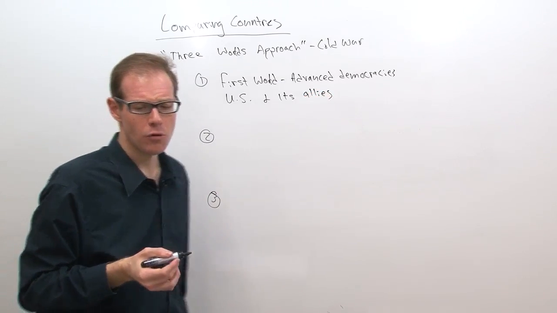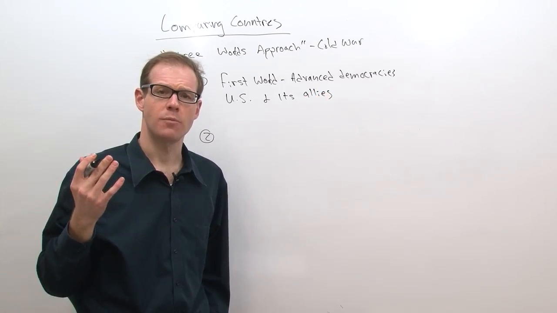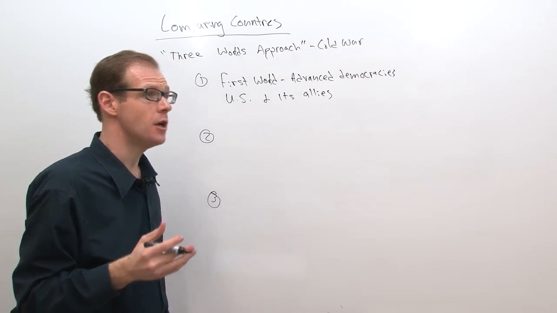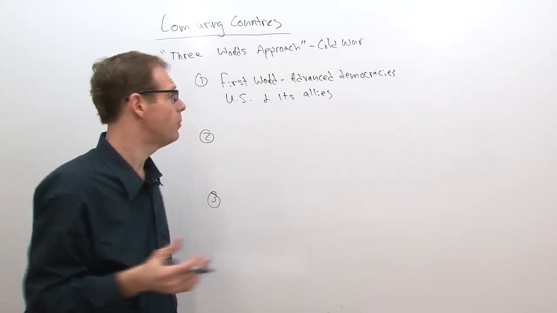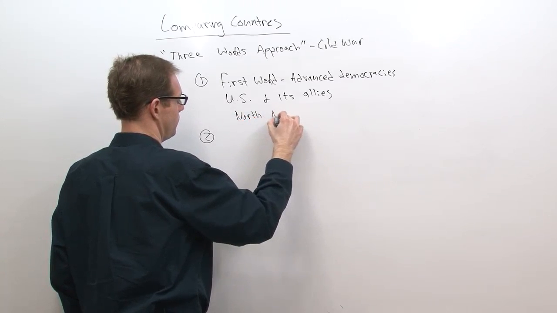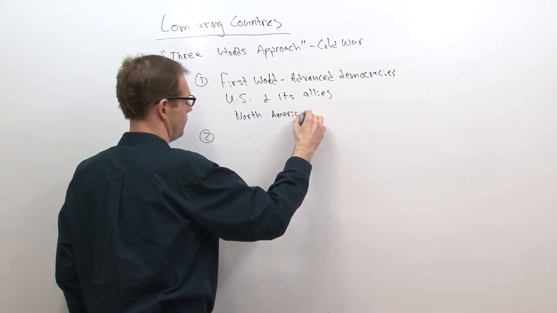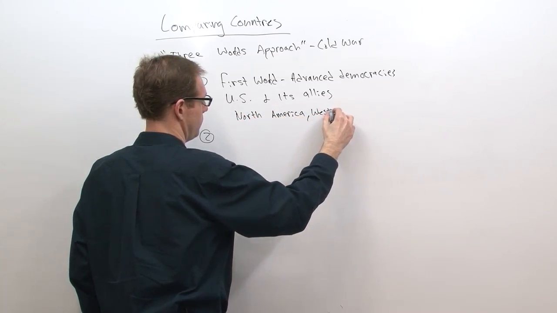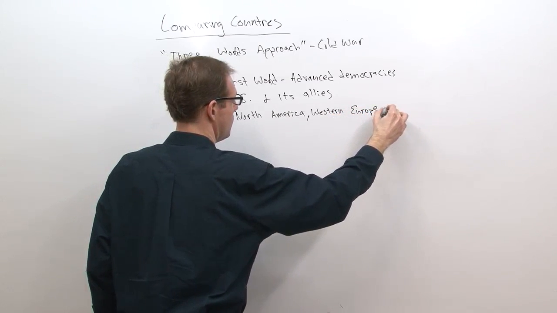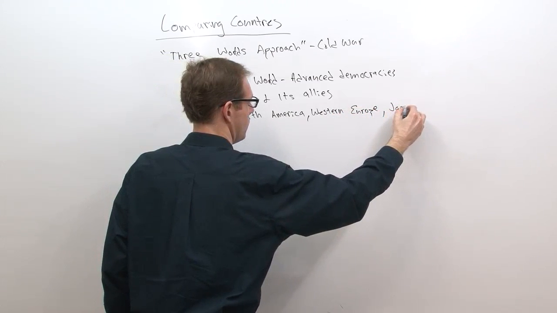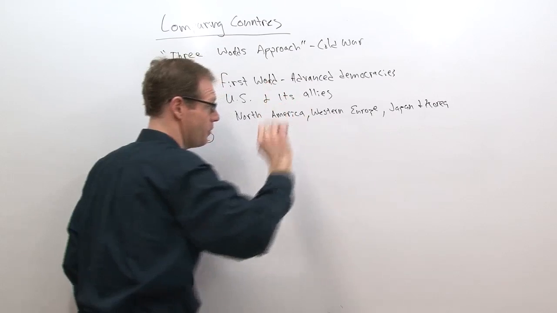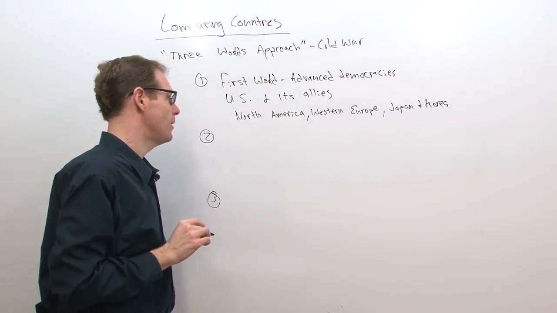In the three worlds model, this included most countries in Western Europe, North America, and East Asia. For example, Japan and the Republic of Korea. Republic of Korea, not the Democratic People's Republic of Korea.